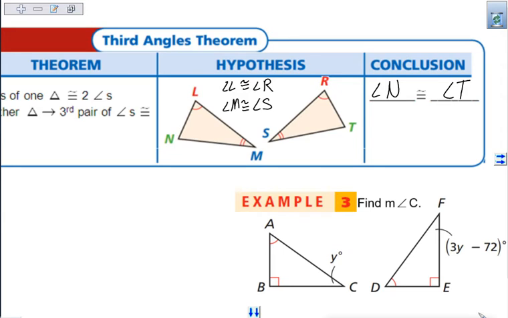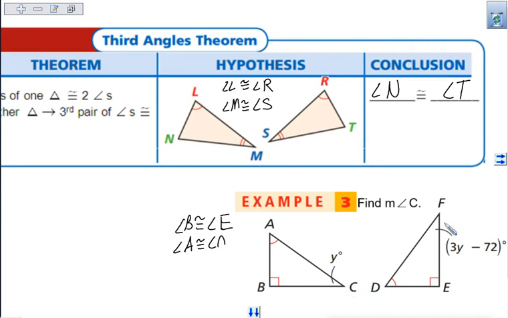So in our last example, we know that angle B and angle E are congruent because they are both right angles. We know that angle A and angle D are congruent because they are marked with arc marks.